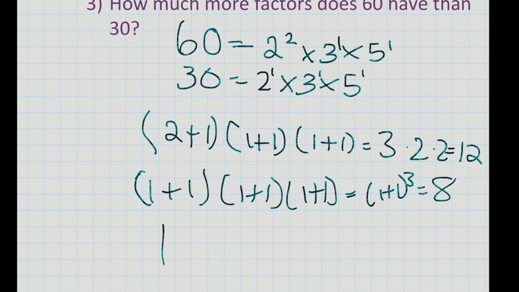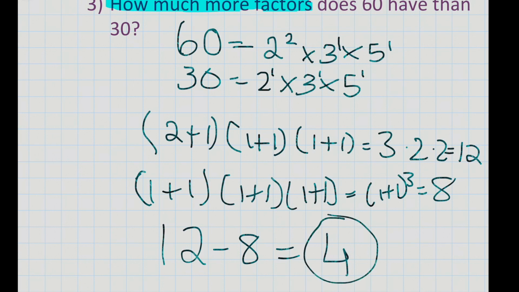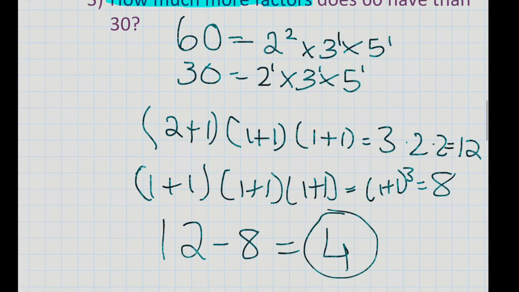We still didn't read the question. How much more factors? How much more, not how many? So we subtract 12 and 8 to get the result, which is 4. Okay, let's go to the next problem.